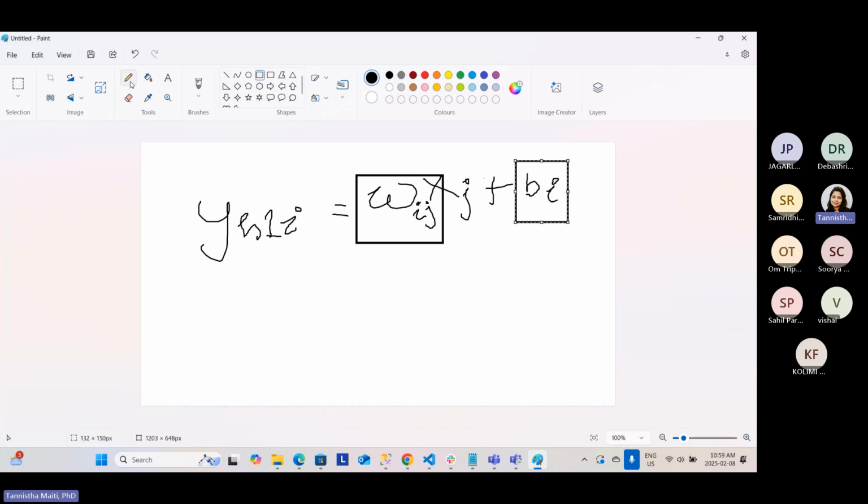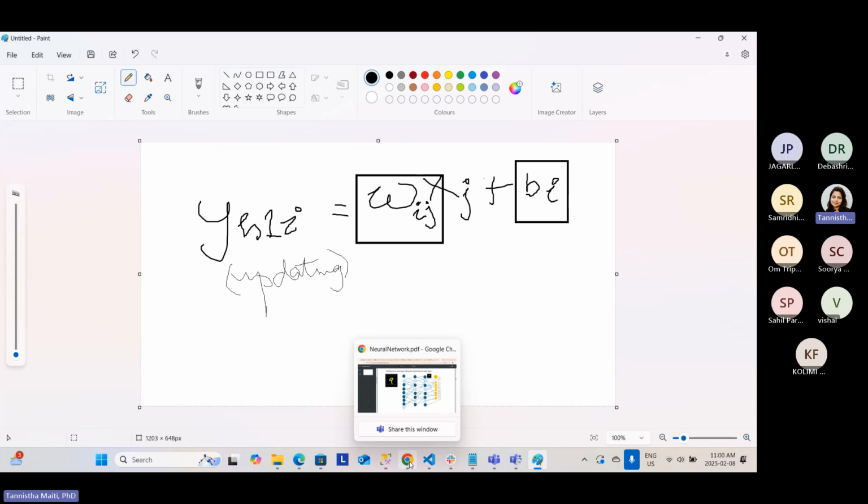So you are updating these values of y based on values of w(i,j), and this is your input layer that you already know. I get these values from my pixels, and the bias is also getting updated at every training step.